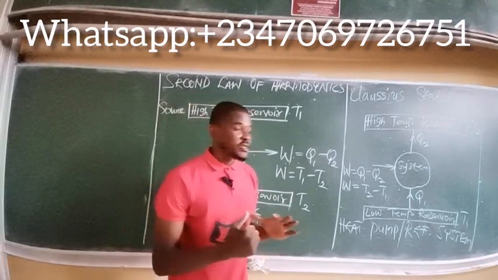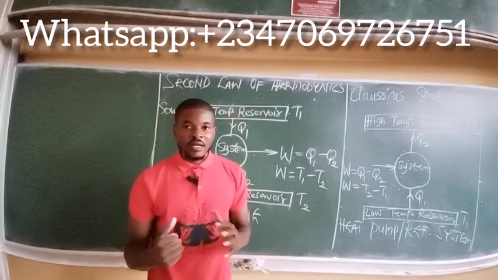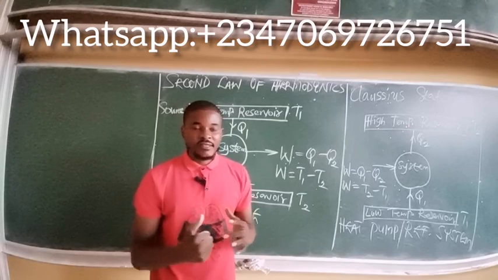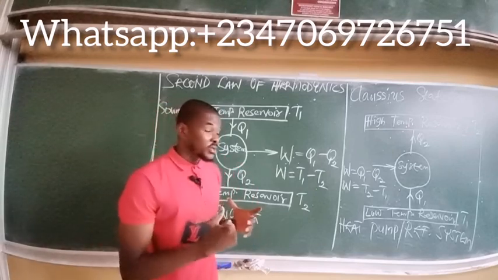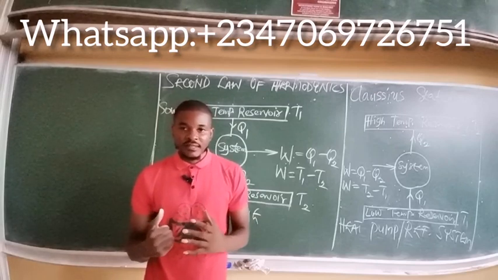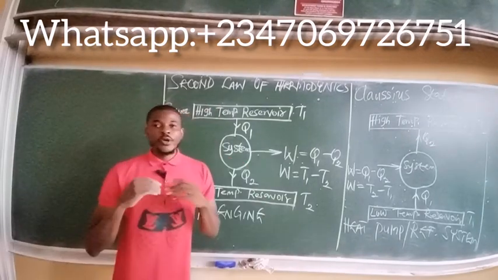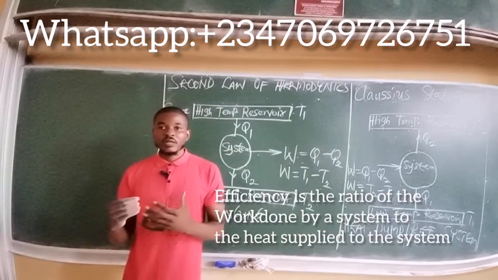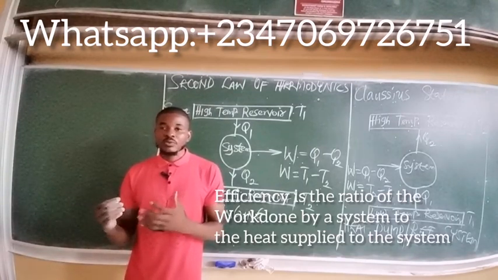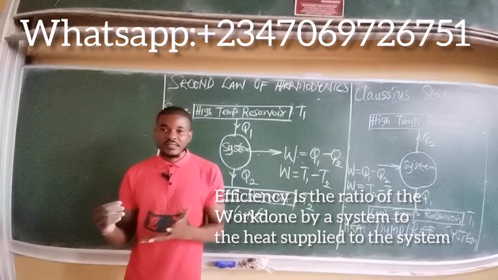All right, so having known this now about the second law of thermodynamics, let's now talk about the efficiencies of the heat engine and, if possible, the heat pump and the refrigeration system. We all know that efficiency is the work output over the heat supplied into the system.